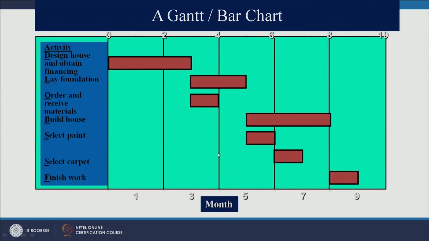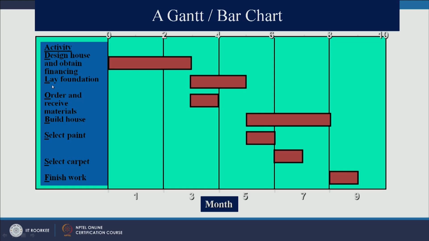So let us look at what is bar chart. It's also known as Gantt chart. Earlier this chart used to be very effective tool for controlling project, right. So let us say in this bar chart there are 5 activities. So the first activity is design house and obtain financing, right.